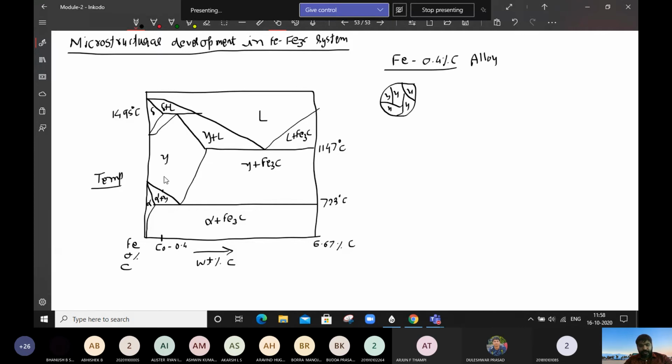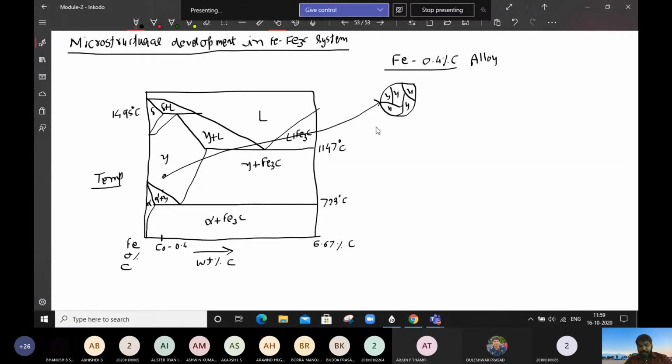So this is the point. Suppose you have heated up to this point. So this will be the microstructure of the alloy at this point. Now I ask you to cool this. You are cooling it, and by the time you reach this point, alpha will start appearing, because at this point we have alpha plus gamma.